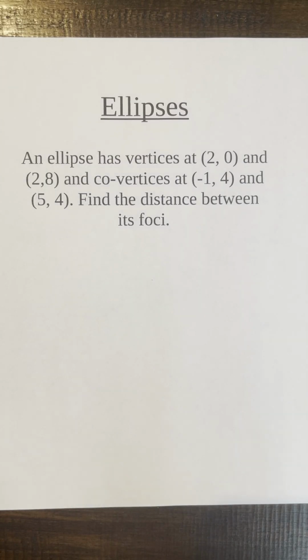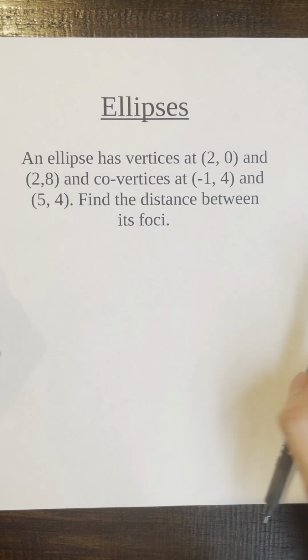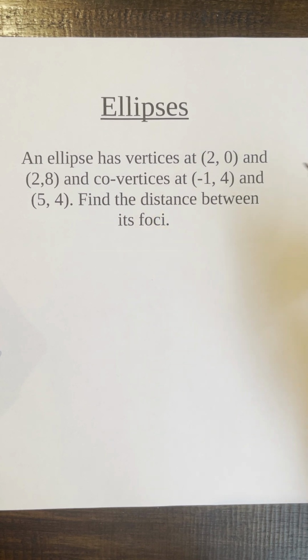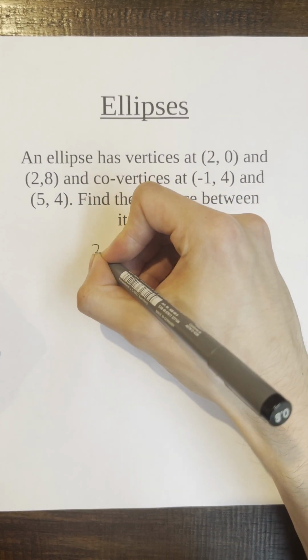Okay, here's an application-based problem. I'll give you a second to read it. Okay, so it's asking for the distance between the foci. What's the formula for that? The formula for the distance between the foci is 2c.